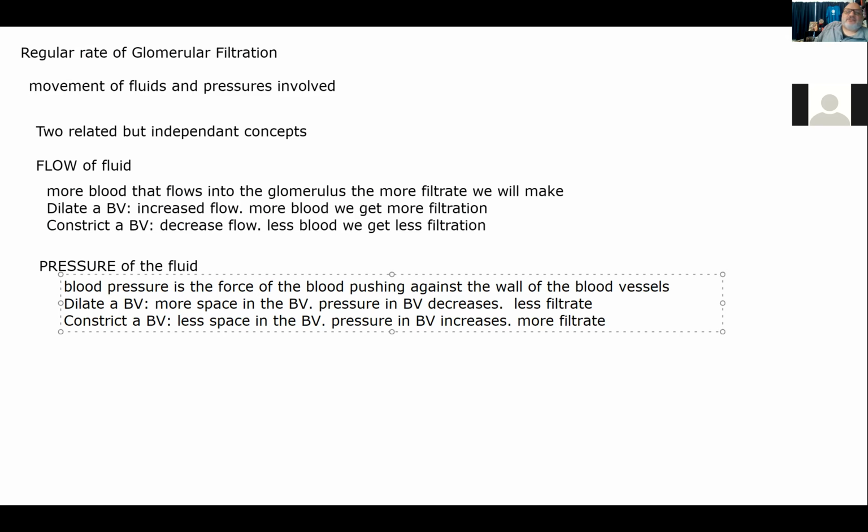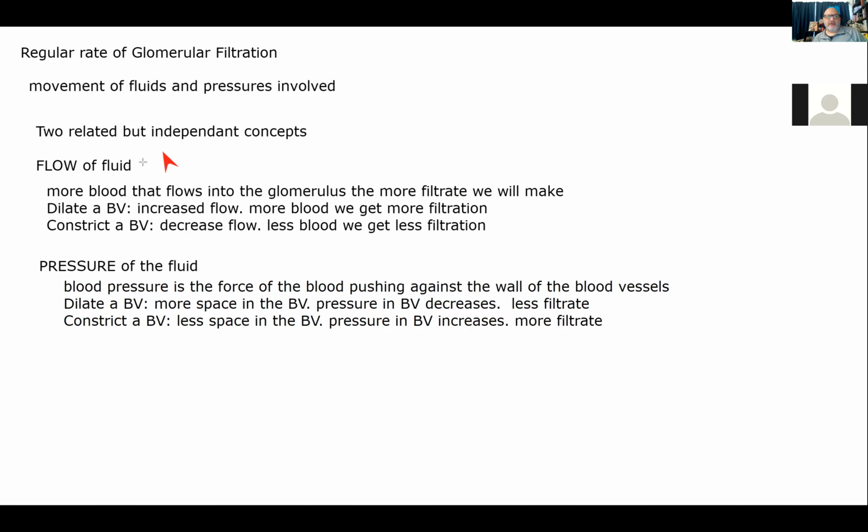Notice these two concepts seem to be at odds with each other. When we're talking about flow, increasing the diameter of the blood vessel gives us more filtration. But when we're talking about pressure, increasing the size of the blood vessel gives us less pressure. So we do have two kind of dynamically opposed processes here.